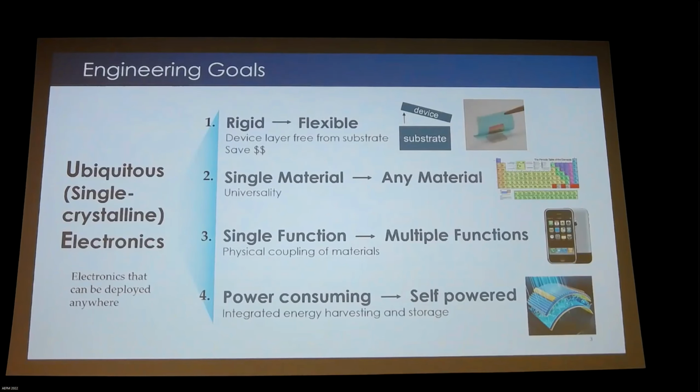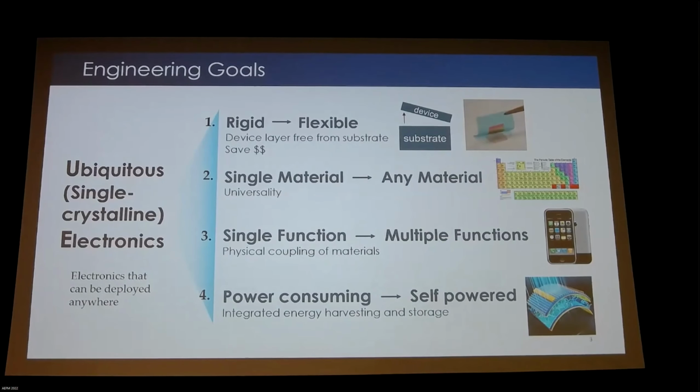But why is remote epitaxy so important? I think it's because it's a key technology that allows us to achieve what's called ubiquitous electronics, in other words, electronics that can be deployed anywhere. To achieve this, we have to achieve 4 engineering goals.